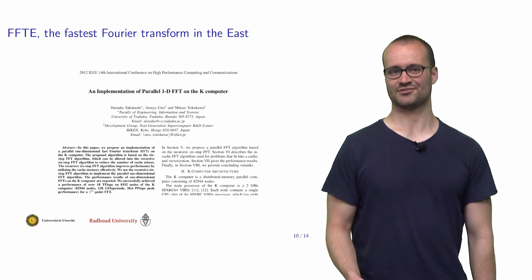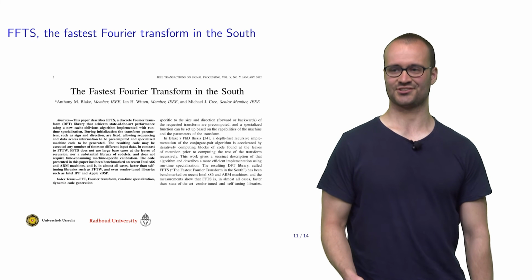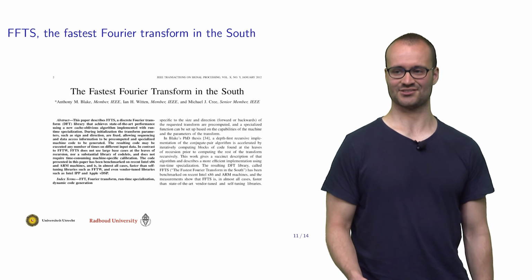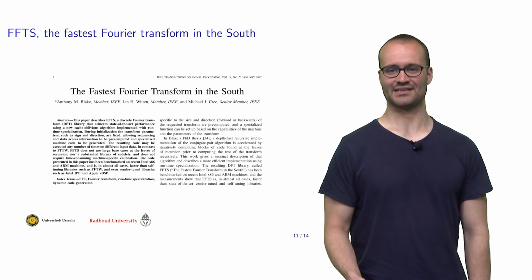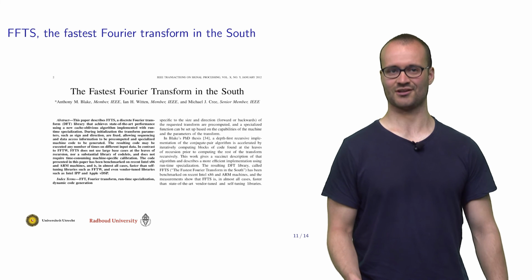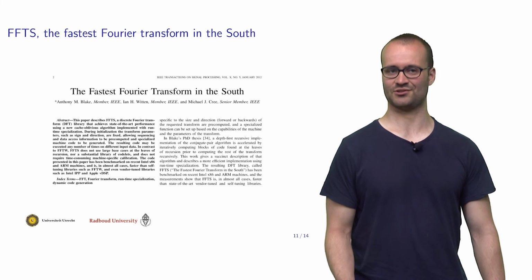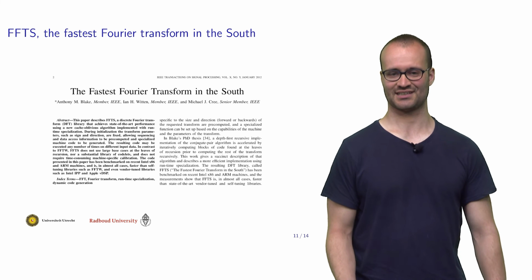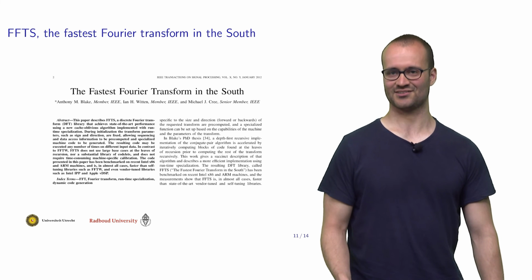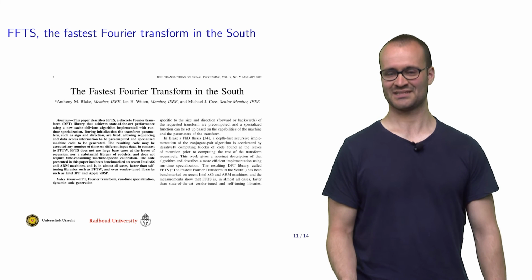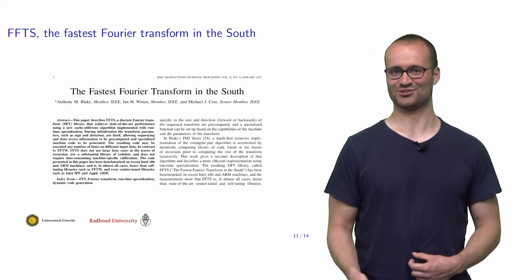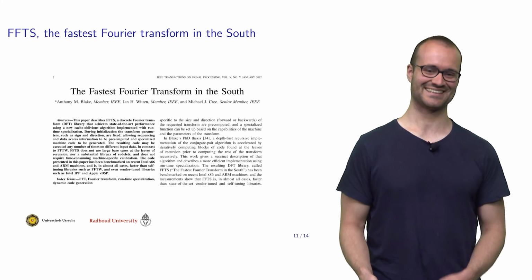The Fastest Fourier Transform in the South uses the same kind of ideas as FFTW, but instead of including a planning phase, the choosing of codelets and algorithms happens at runtime using runtime specialization. Now, unfortunately, we are not northern enough to claim the Fastest Fourier Transform in the North. So if anyone wants to fill up this hole, please do.